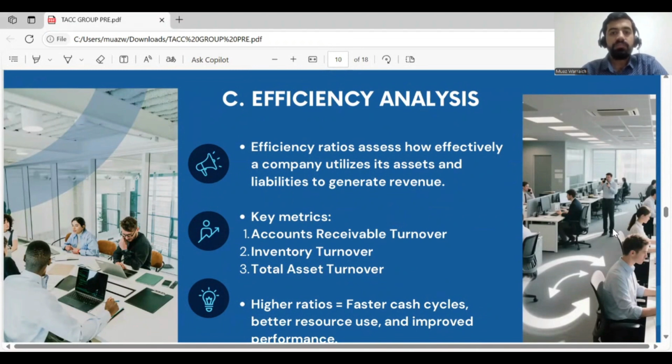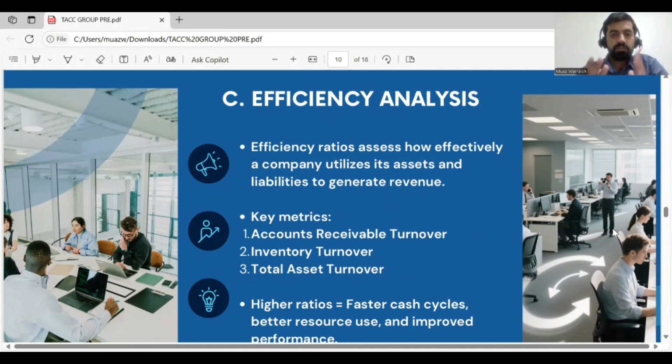I'm Muaz Ahmed and I will analyze the operational efficiency of Lions and Tigers companies through three key metrics. Basically, efficiency analysis measures how well companies convert their resources, like inventory and equipment, into sales and profits. So it answers critical questions like how fast they sell products and how quickly they collect payments.